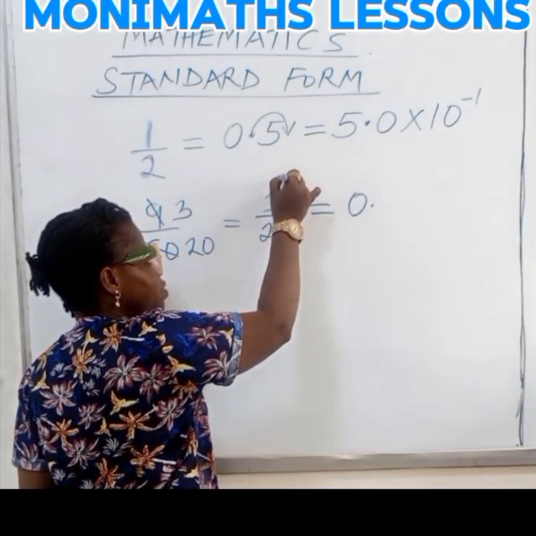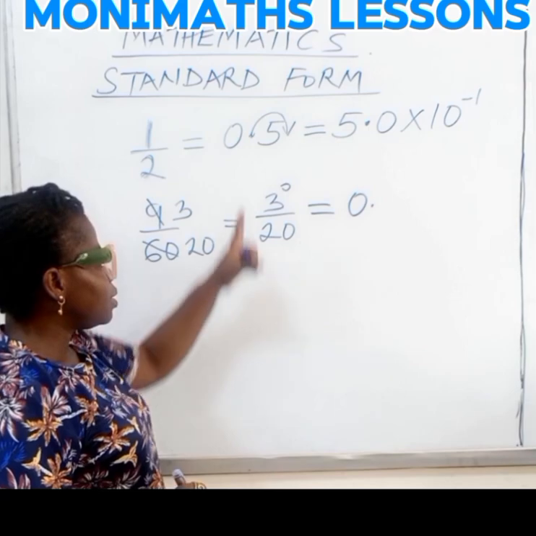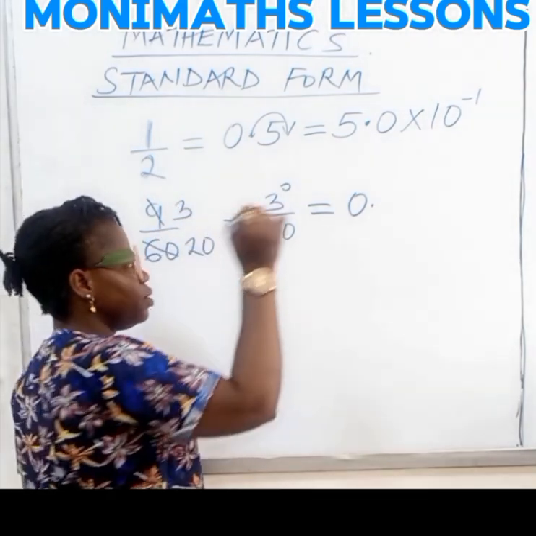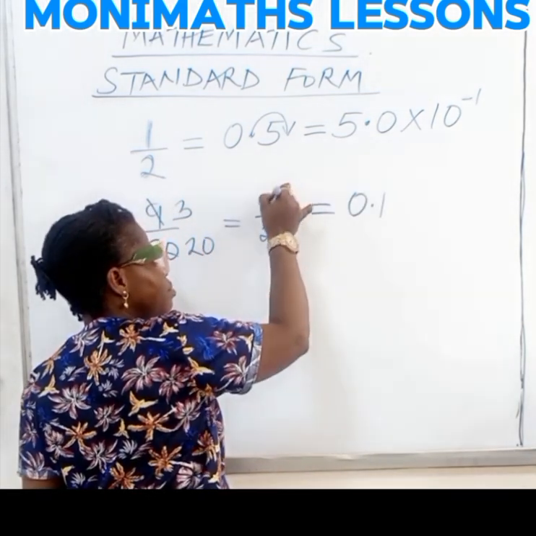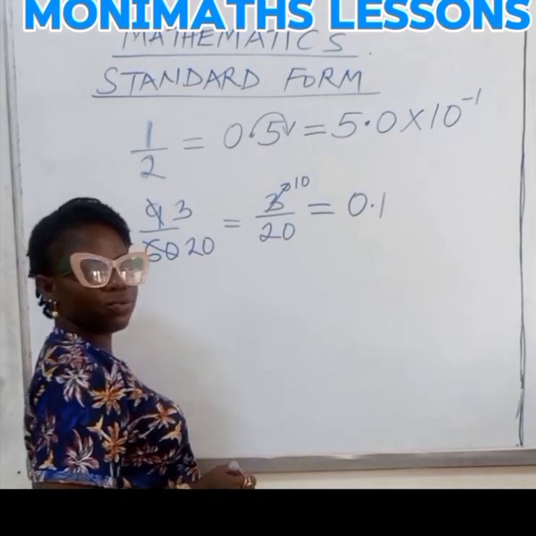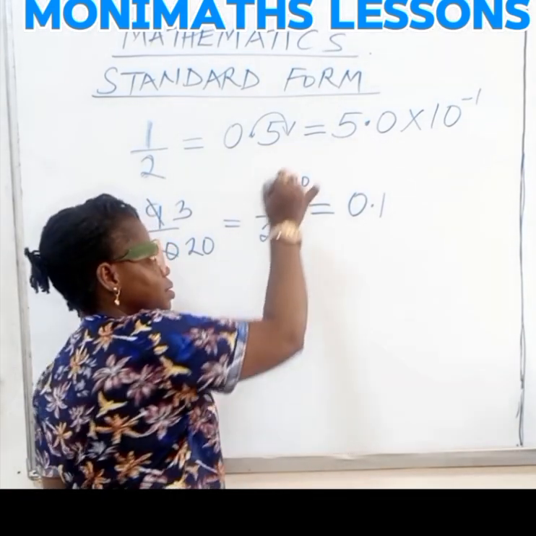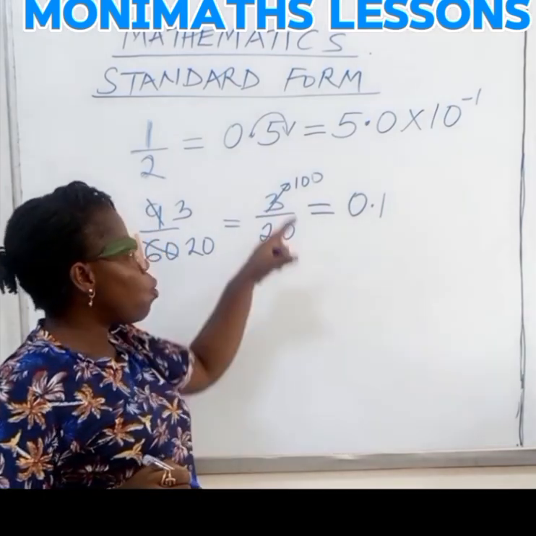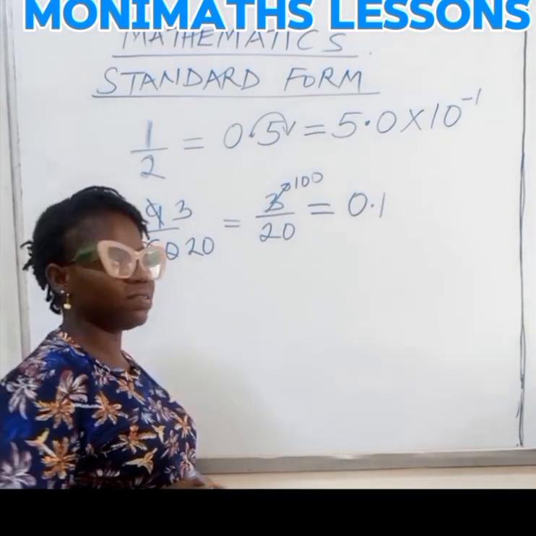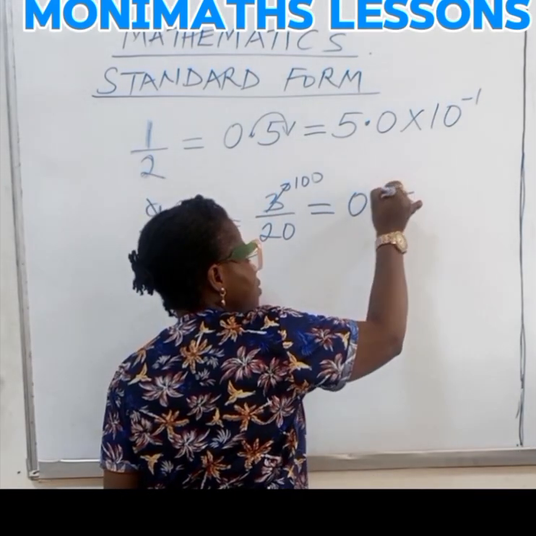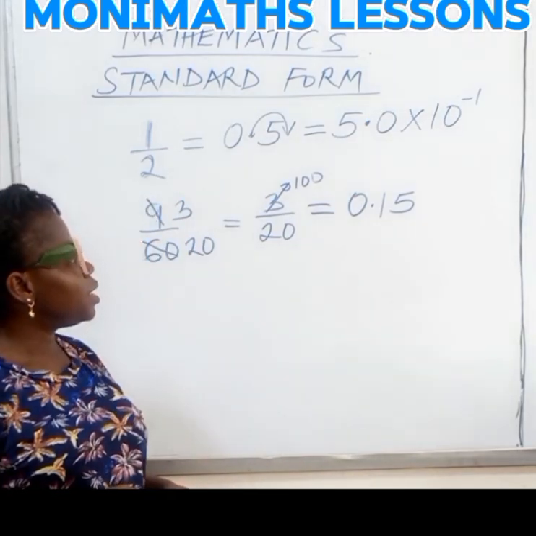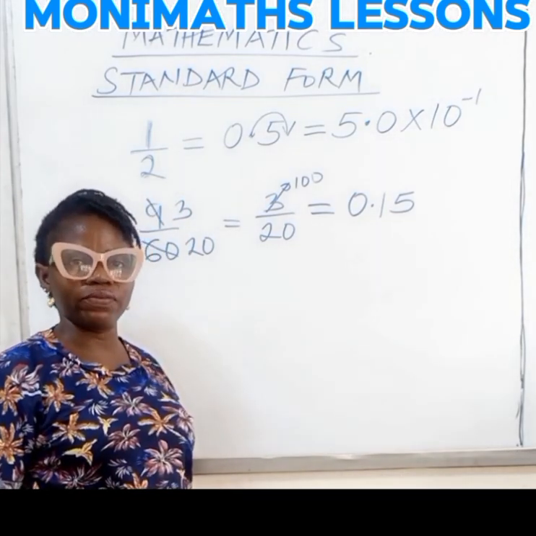Then we put an invisible 0 behind that. 30 divided by 20, we have 1, and it will remain 10. Put another invisible zero behind that 10 so that you have 100. 100 divided by 20 is 5. That is 3/20 is 0.15.